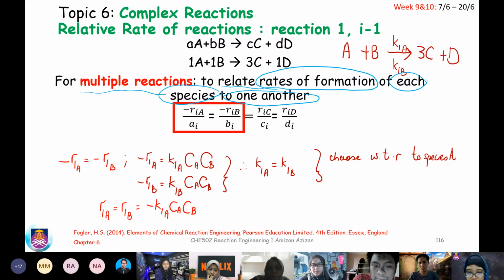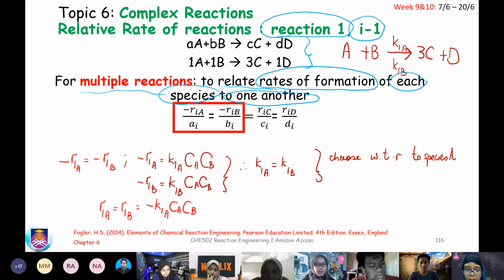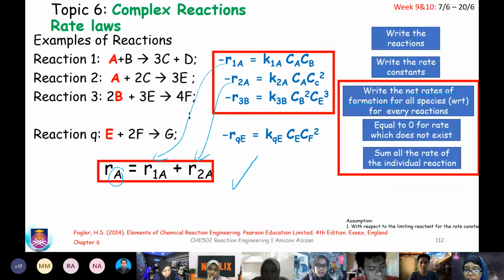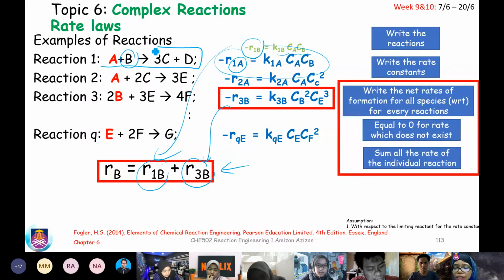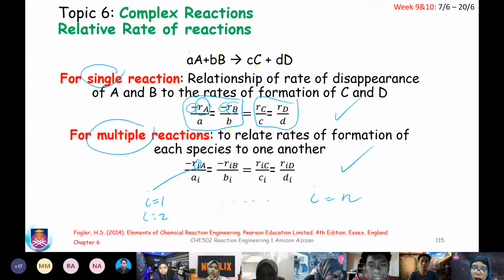Now, you see here, this is reaction number 1, i equals 1. I'm going to go back to our previous slide. This is equation number 1, so i equals 1. This is what we're going to do now.